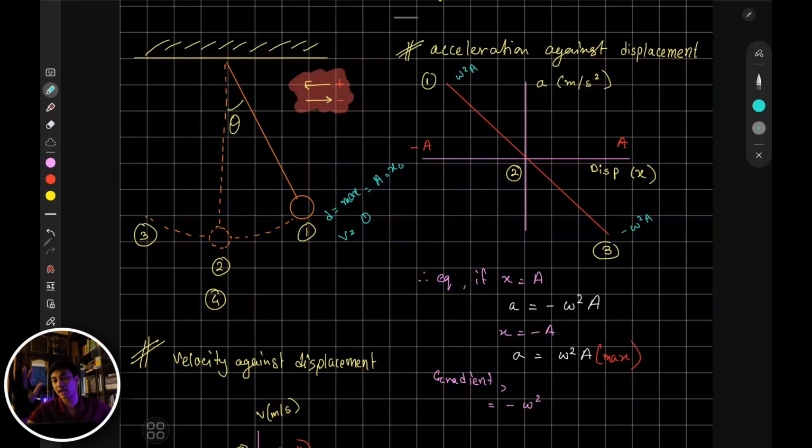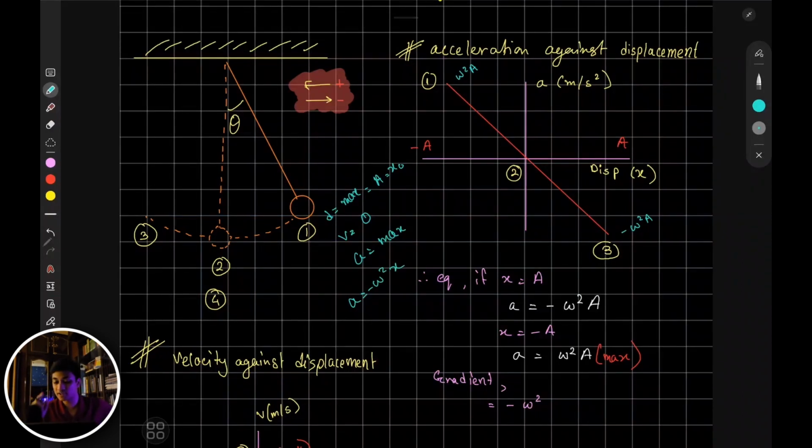Now, if you have a good concept of differentiation, you should know that when velocity is 0, the acceleration is maximum. We have already talked about how a is equal to minus omega squared x comes about.